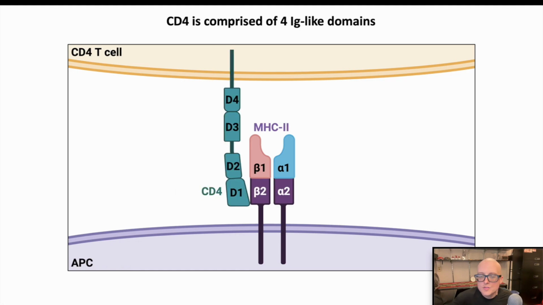CD4 looks a little bit different compared to some of these other molecules we've looked at. It actually has 4 immunoglobulin-like domains, but it's actually the D1 domain that interacts with MHC class 2, and especially, again, the sort of beta 2 subunit of MHC class 2.